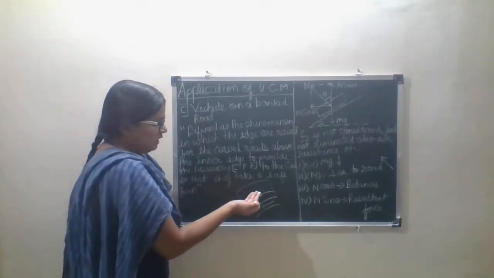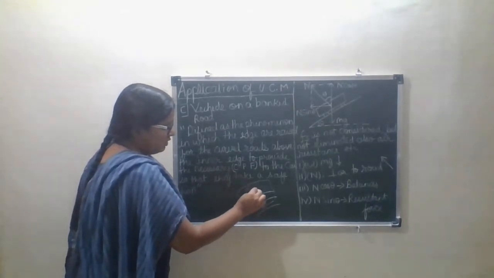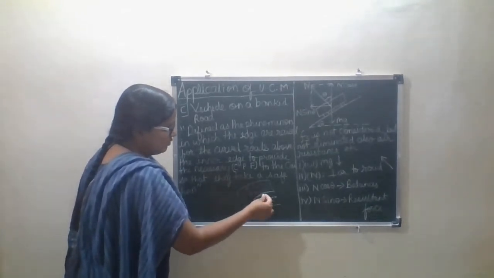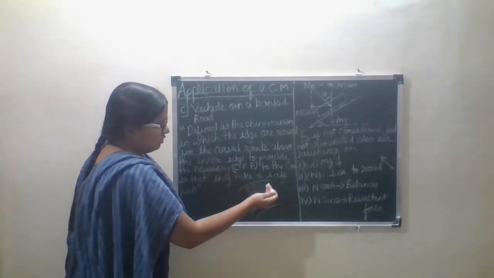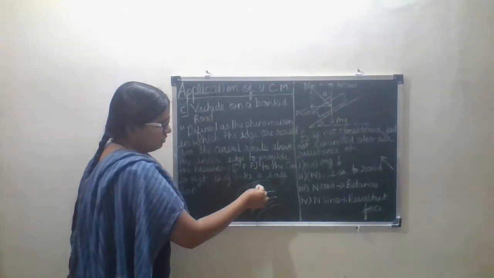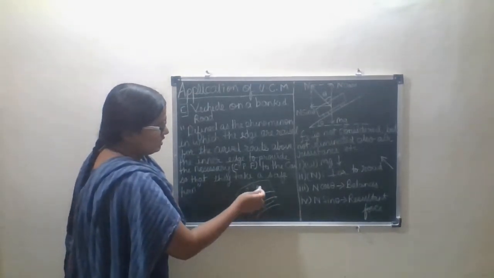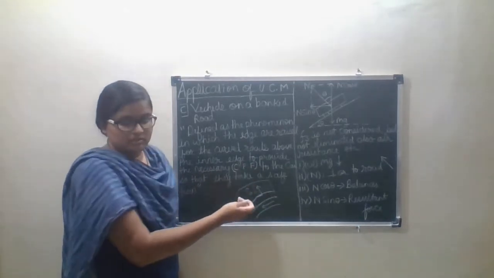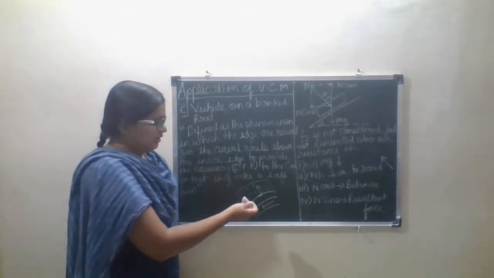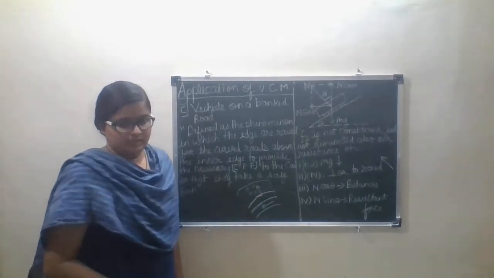Now the car is here, and it is moving on this road in a safe way. So this much is the angle here. From this angle the road is tilted, and now the car is moving in a safe way.